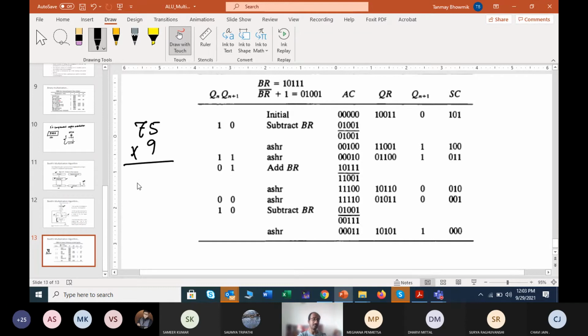So what will be better: addition of 75, 9 times, or addition of 9, 75 times? What do you think? Which one is better? Obviously, this is easier. You have to perform 75 additions in this case, but only 9 additions in the other case.